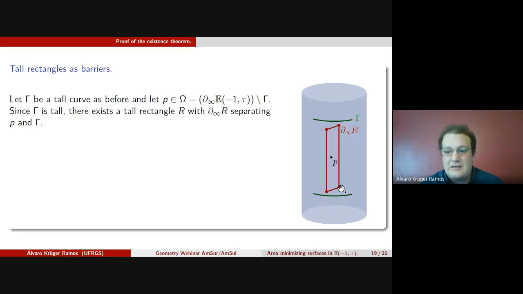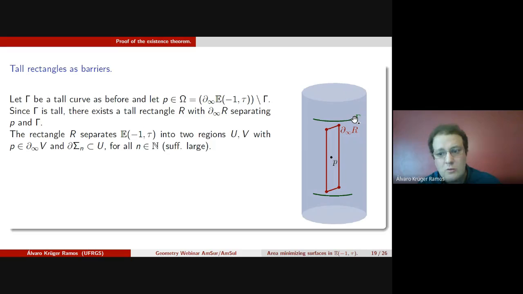It could be a thin tall rectangle which separates this point from gamma. So I will go a little faster now, if you don't mind. This tall rectangle separates the ambient space into 2 regions, and this point P is in one of the regions, and gamma is the asymptotic boundary of the other region, basically.